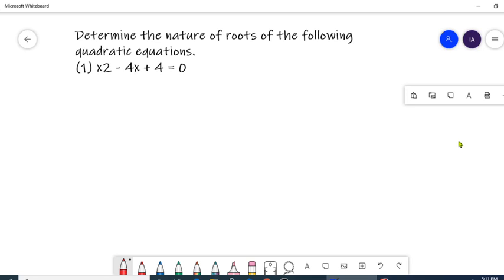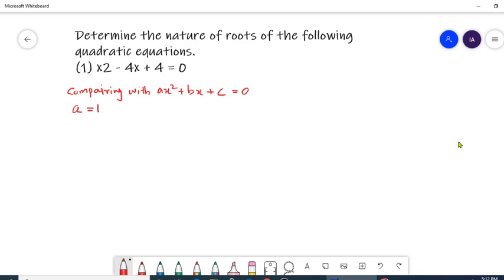Now in order to find the nature of the roots of this equation, first you will make a comparison to find the values of a, b, c. So, comparing with ax square plus bx plus c equals 0, on comparison we come to know the values of a, b, c.